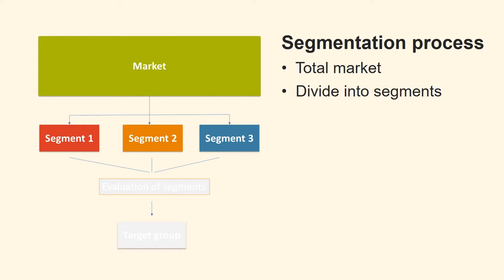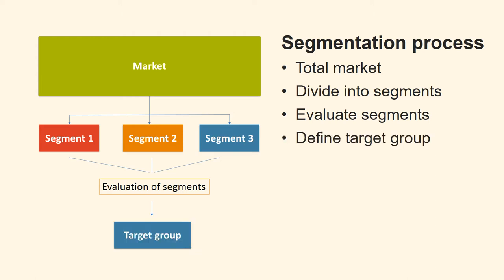Next, we consider which segments are there in this market for our product, and we create the segments. We then evaluate our segments. From the results of this evaluation, we choose one of the segments to be our target group.